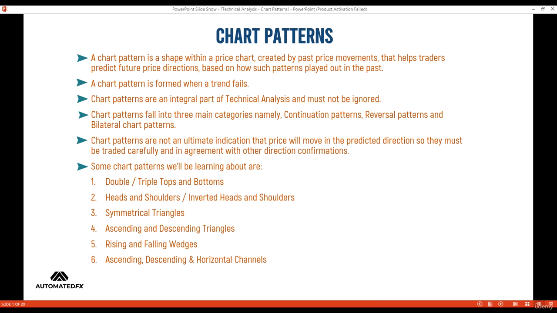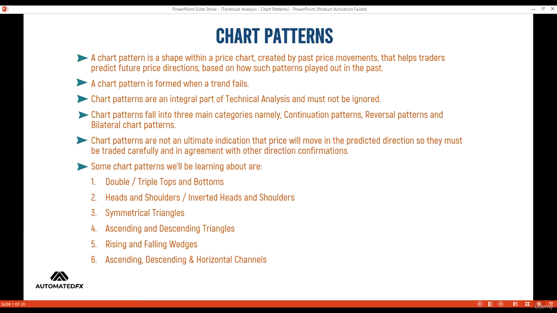And then chart patterns fall into three main categories. We have the continuation chart patterns, we have the reversal chart patterns, and we have the bilateral chart patterns. The continuation chart patterns are chart patterns that happen and then give us an idea that the market or the trend is going to continue after they happen.